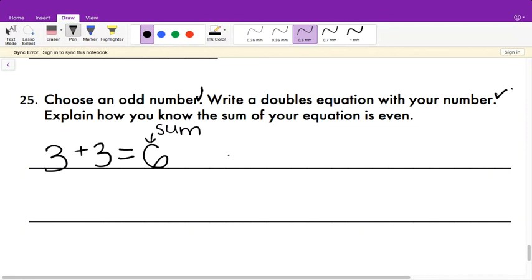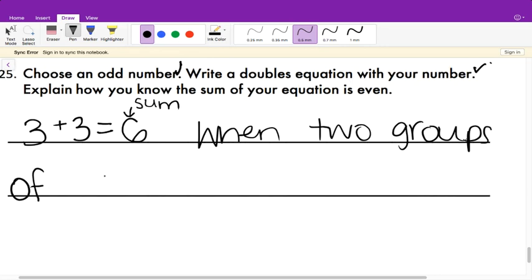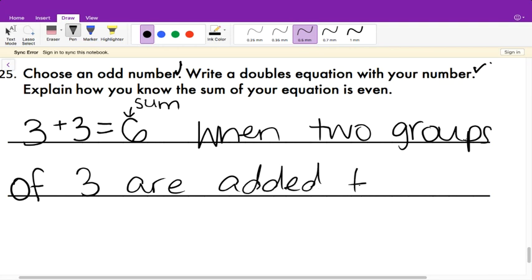So for this number specifically, I can say when 2 groups of 3 are added together, there are equal groups and there are none left over.